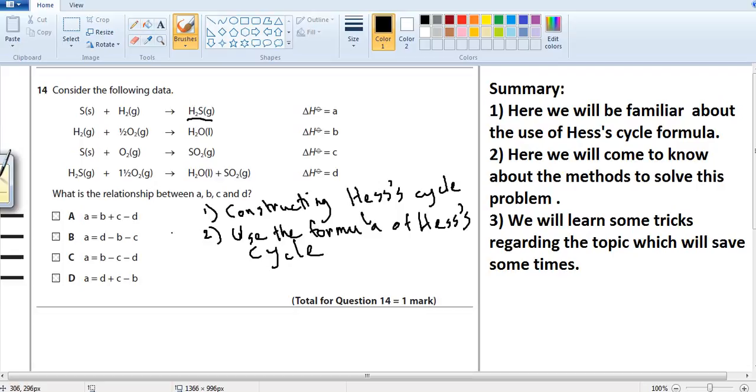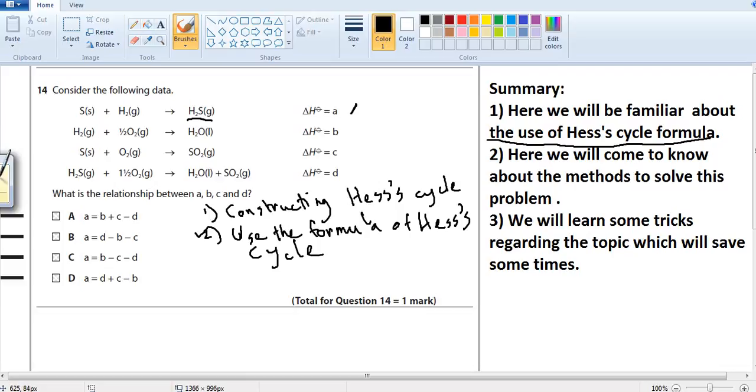So I will do this tutorial by following method 2. Here we will be familiar with the use of Hess's cycle formula. Let's see how we are going to use the formula.